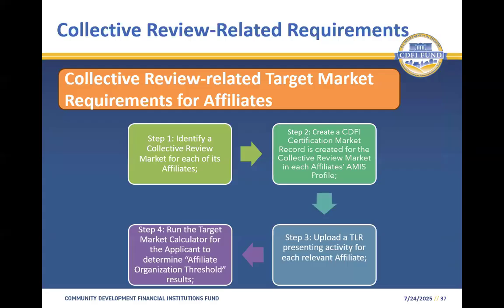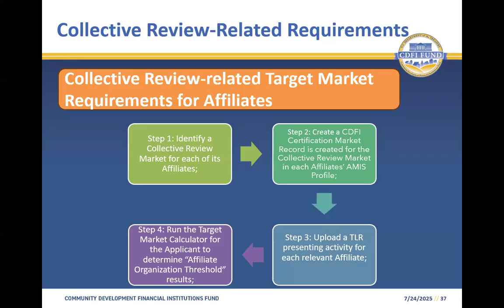The following steps relate to how affiliates would submit this information for a target market activity benchmark. Step 1, you identify a collective review market for each of the affiliates. Step 2, create a CDFI certification market record in AMIS specifically for the collective review purpose in each of the affiliates' AMIS profiles.